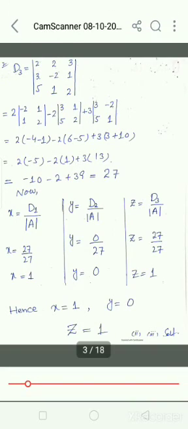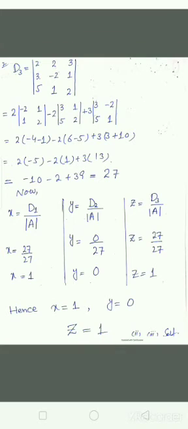Now you have to simply divide the values calculated after, that is D1, D2 and D3, by the A determinant. If we divide D1 by the A determinant, then Cramer's rule says that we will find the first variable, which is x in this case. If we divide D2 by the determinant A, then we will find the second variable, which is y in this question.